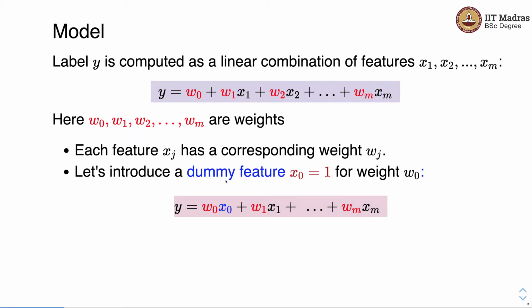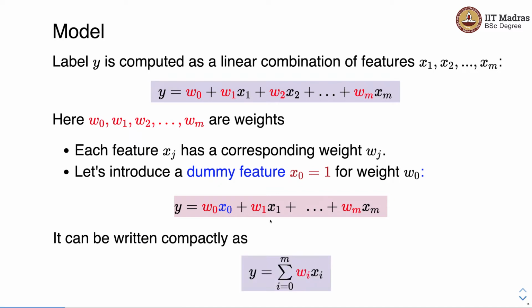After doing that, we get the same form with x0 added to it. So y is equal to w0 x0. Remember, this x0 is 1, so it is not a different equation than what we have written over here. So w0 x0 plus w1 x1 all the way up to wm xm. This particular arrangement helps us in writing the model in a compact form as a sum over all m features.